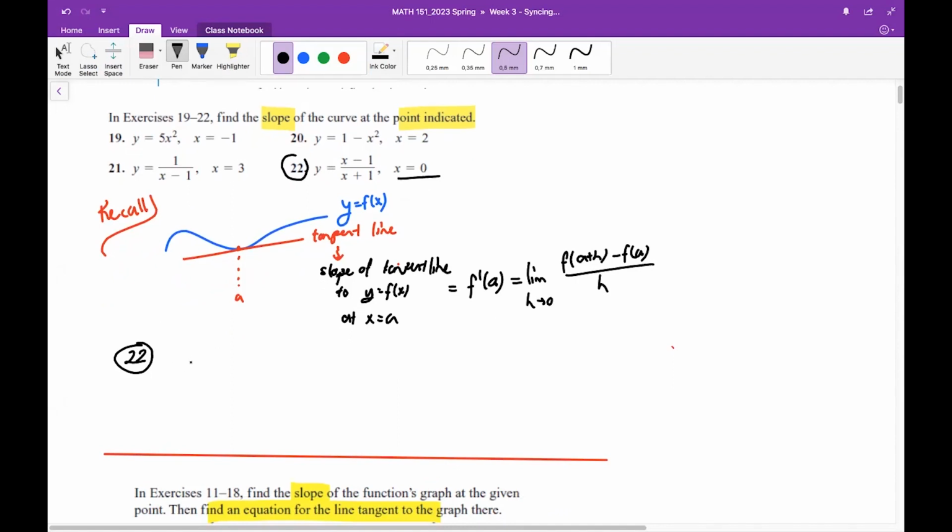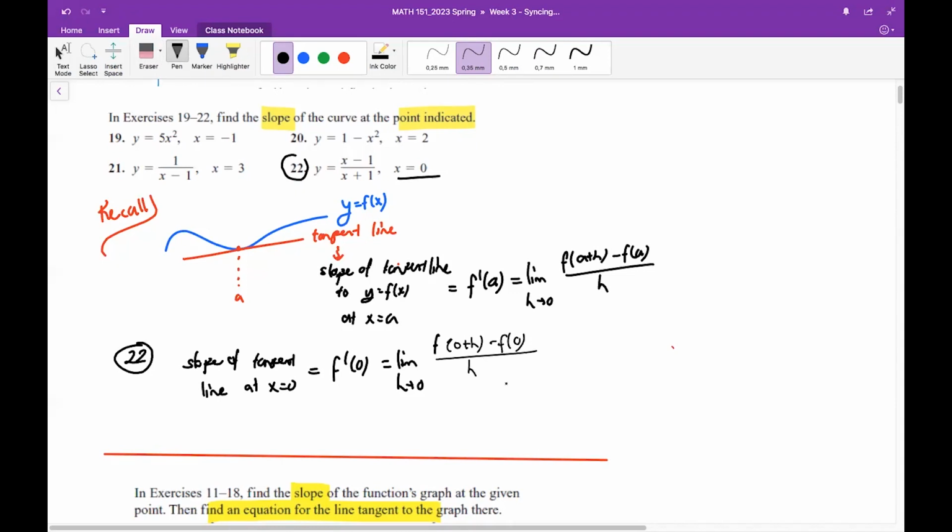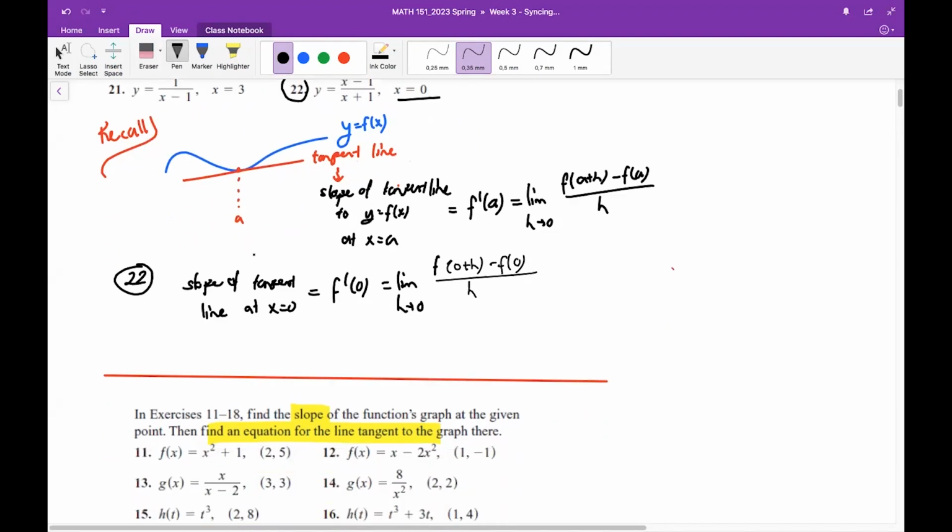So what I want is the slope of the tangent line at x equals 0, right? 0 is the given point, so I am supposed to compute this, and this is given as the limit, just like this one: f of 0 plus h, minus f of 0, divided by h. Okay, we need to compute this to find the slope.